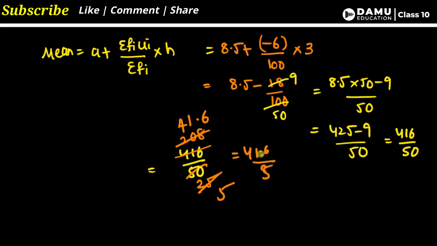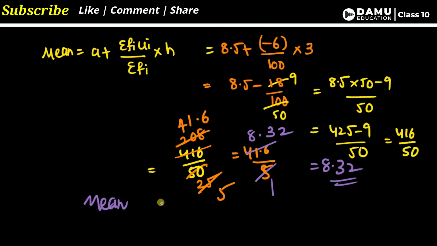Cancel with the 5 only. 5 1s are 5, 5 8s are 40, put point and 1 6 will be there, 5 3s are 15, 1 will be there, 5 2s are 10. So 8.32.